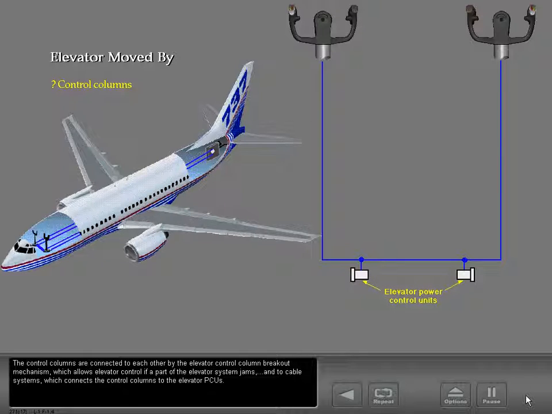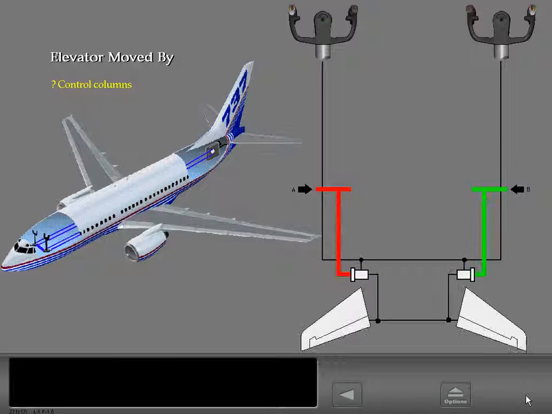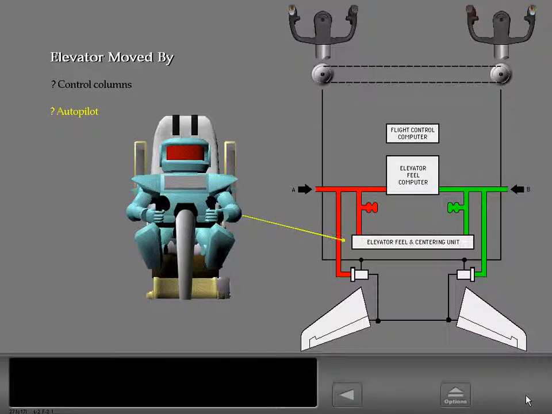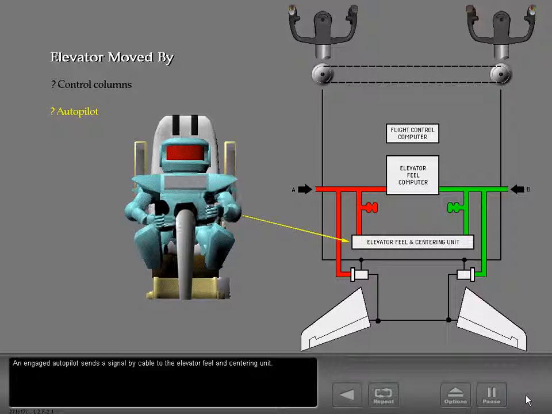And two cable systems connect the control columns to the elevator PCUs. The PCUs use hydraulic system A and B pressure to move the elevators. An engaged autopilot sends a signal by cable to the elevator feel and centering unit.